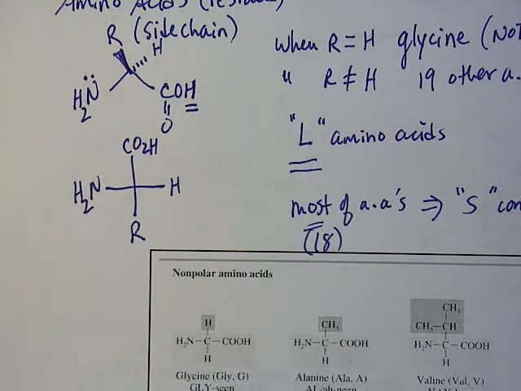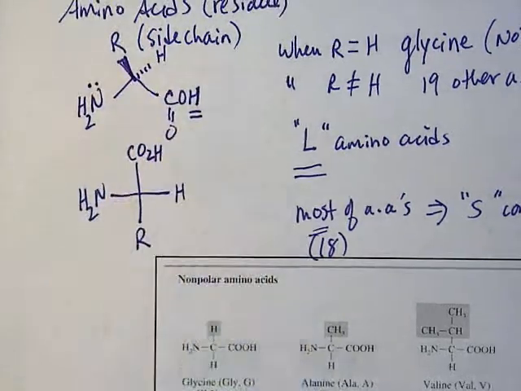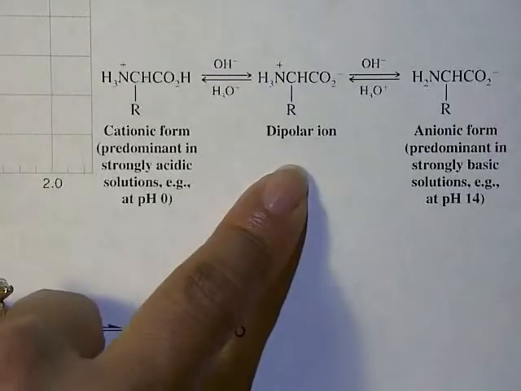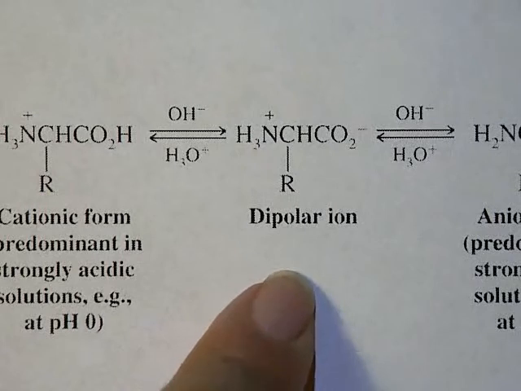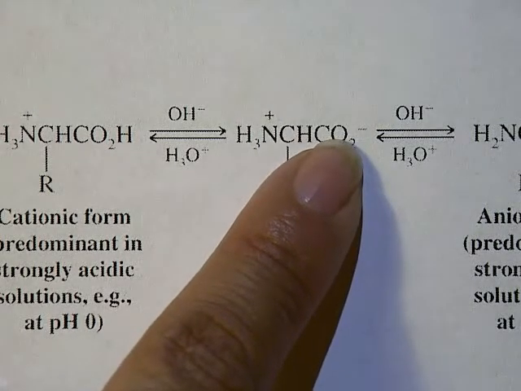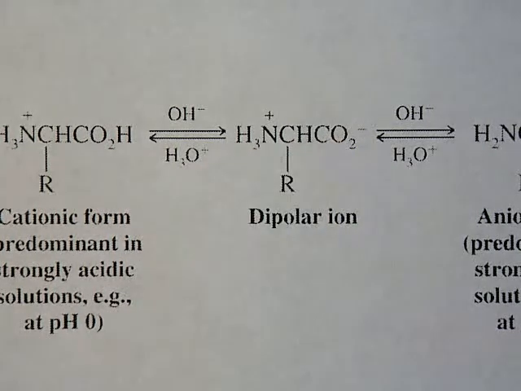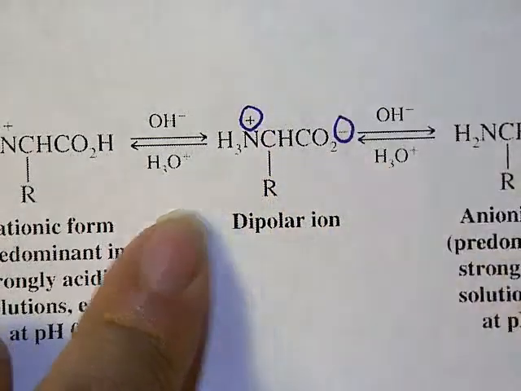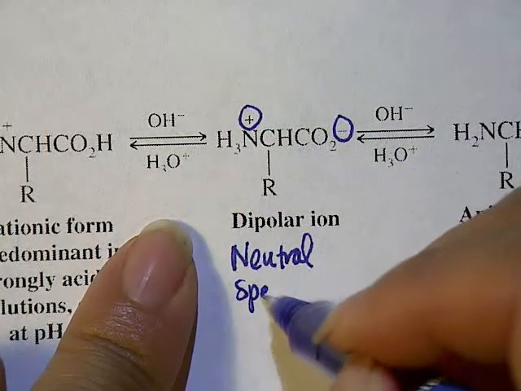So it turns out that amino acids in water don't exist in this form, but exist as a dipolar ion, as you see on the next page. I'm going to just focus on the different forms. This should make sense because the acidic proton has been deprotonated, and the amine that's basic has gotten it. So it's an overall neutral species, even though it has the two charges.